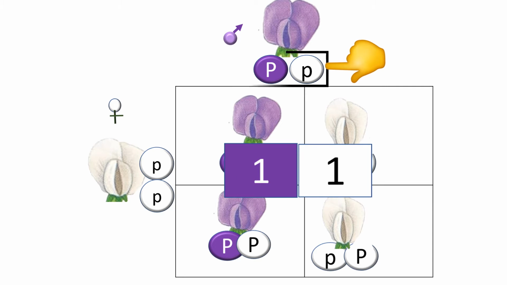When he got two phenotypes, purple flowered plants and white flowered plants, with 1:1 ratio, he concluded that the genotype of the tested plant should be heterozygous.